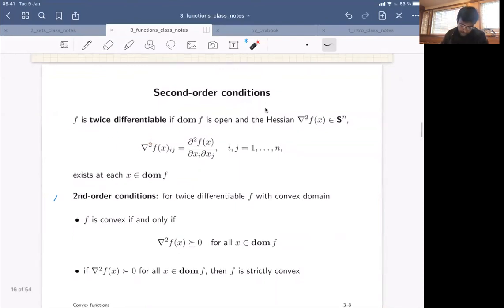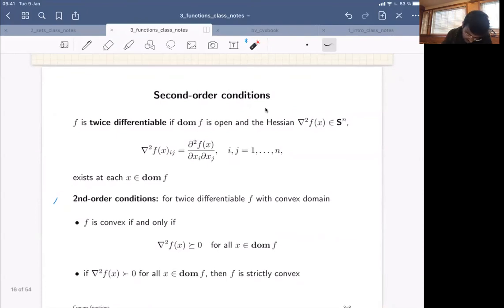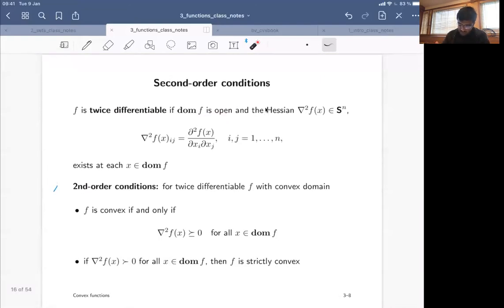So for the second order condition, what is the criterion? Of course, f has to be twice differentiable and the domain has to be open as usual. Then the Hessian is a matrix of second order derivatives: you take the gradient, and again the gradient, and you get a matrix, right?